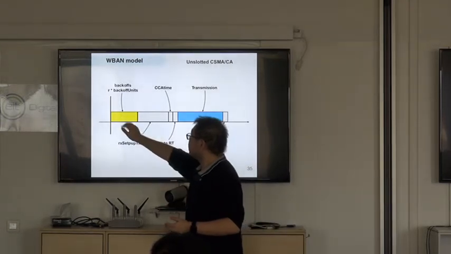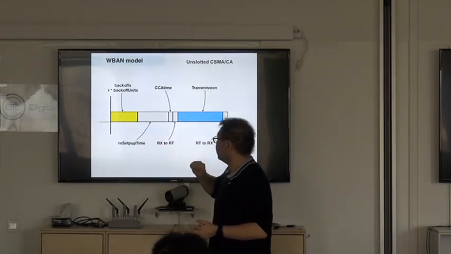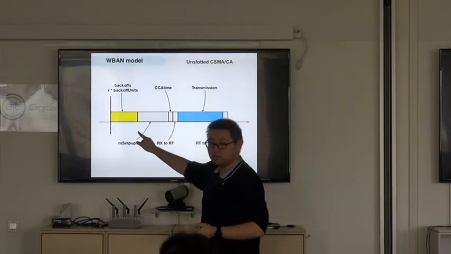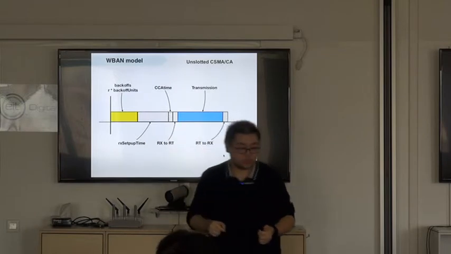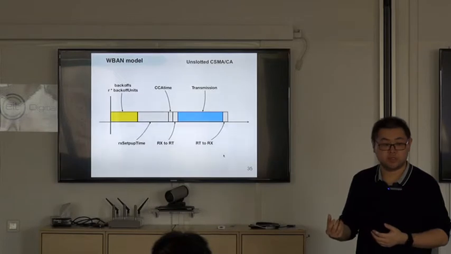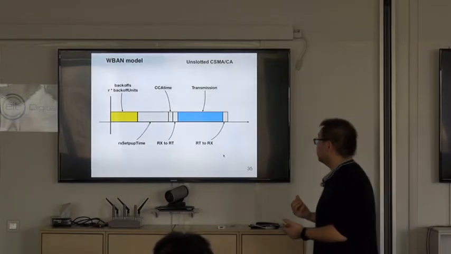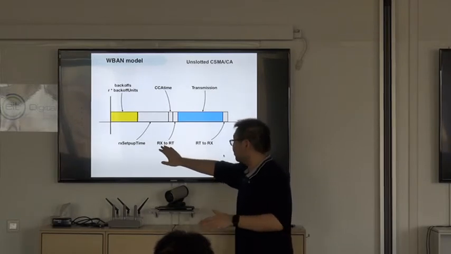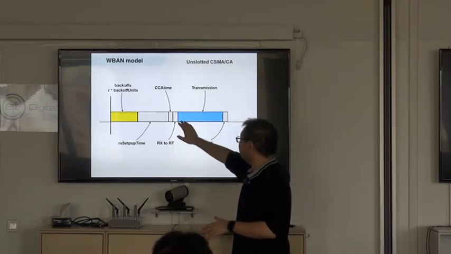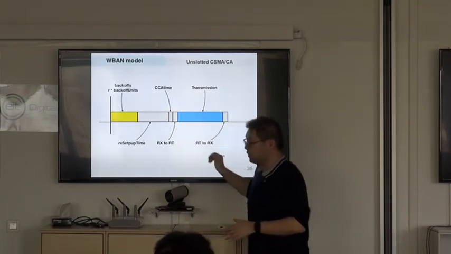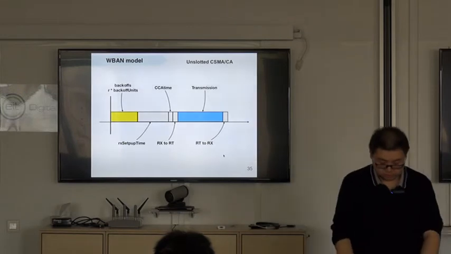We call this the back-off time. After this time, it has to listen to the channel for a while. If it finds the channel is empty, that means no one is sending a message during this time. So this node can change its state from receiving to transmission, and then it sends the message. This part is the transmission time, and then it changes its state back from transmission to receiving.